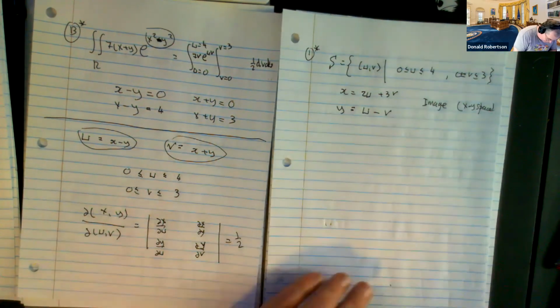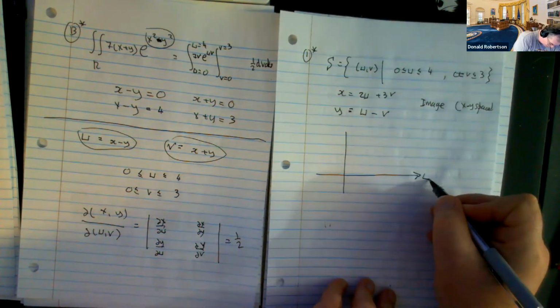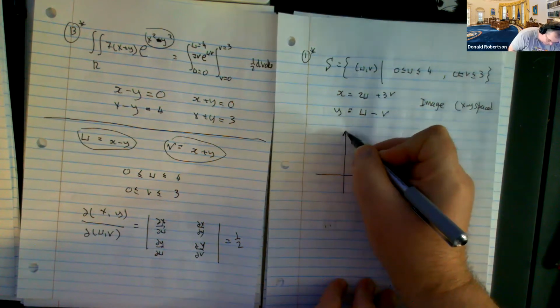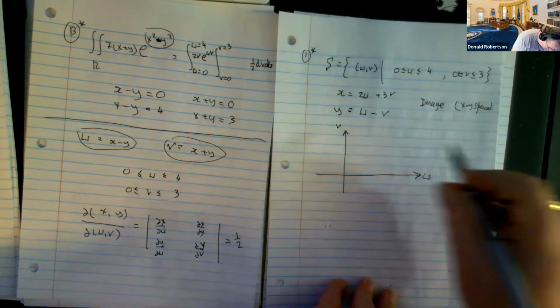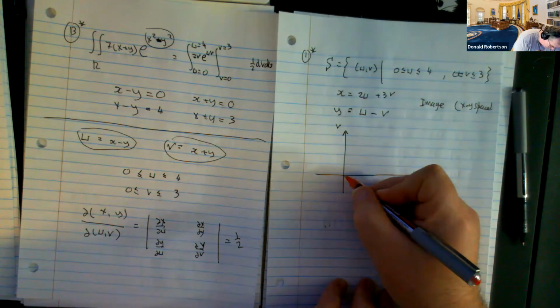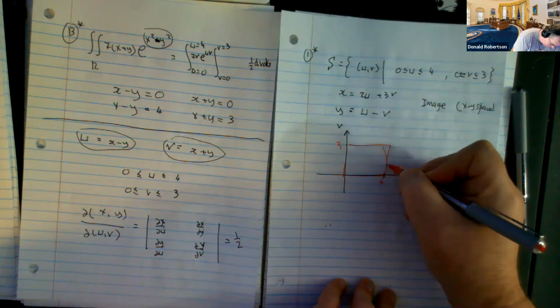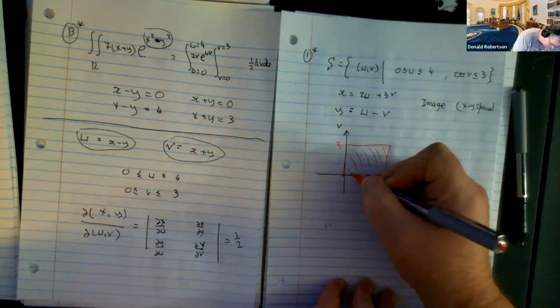So I'm going to draw a little picture of what S looks like right now. If I call this the U axis and I call this the V axis, we go from 0 to 4 and we end up with this guy. And that's what the shape looks like in UV space.